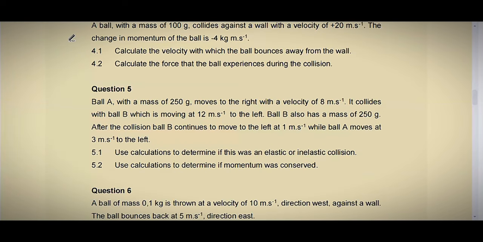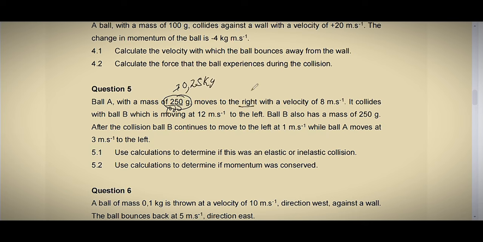Question 5 says ball A with a mass of 250 grams moves to the right with a velocity of 8 meters per second. It collides with ball B, which is moving at 12 meters per second to the left, right? So it is very crucial here that we take note of the directions. So a mass of 250 grams, right away, we divide this by 1,000, and then we'll have 0.25 kg.